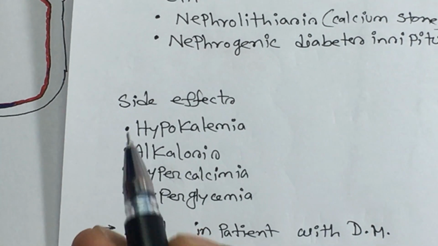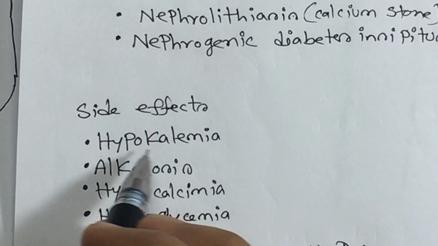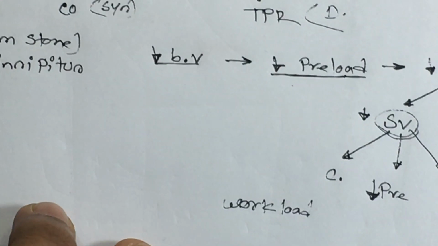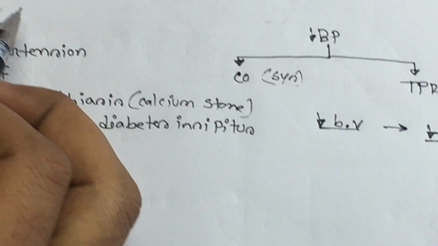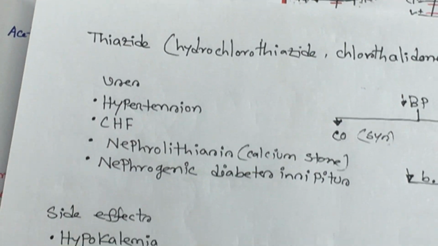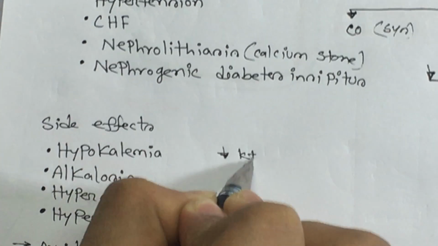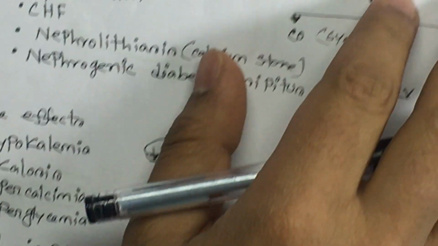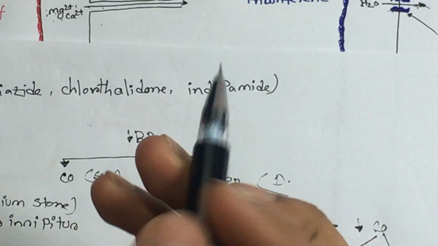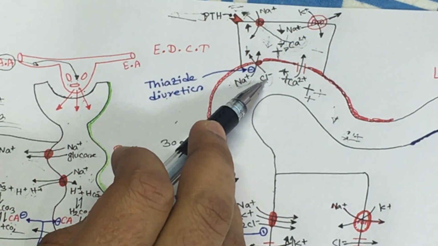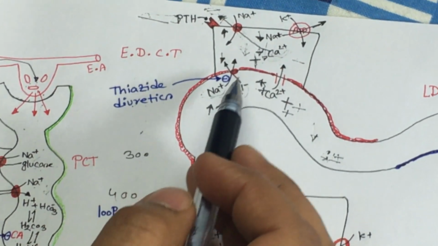A side effect of this thiazide is hypokalemia. So how does this thiazide cause low blood potassium? If we use this thiazide, it will inhibit the sodium and chloride transporter.